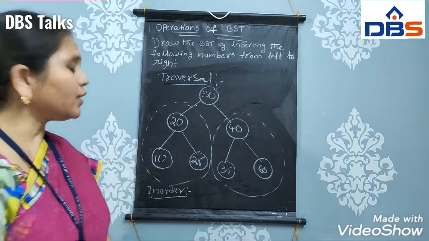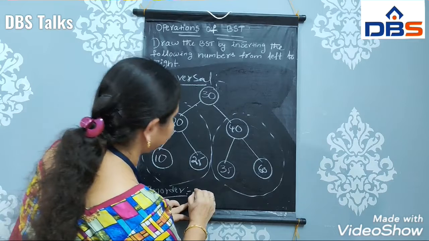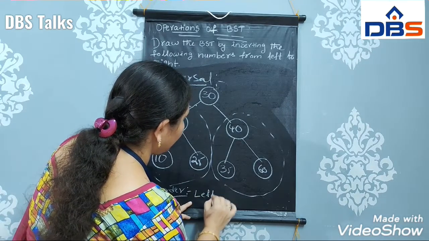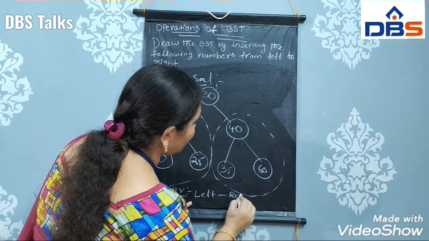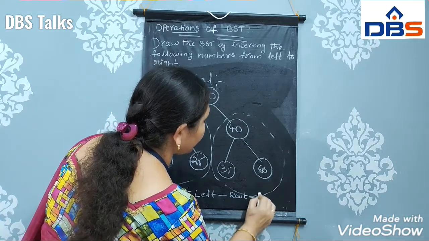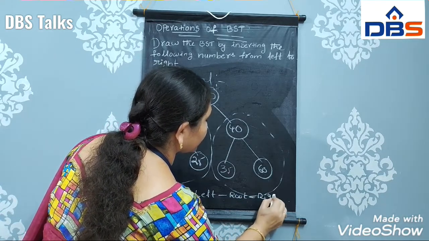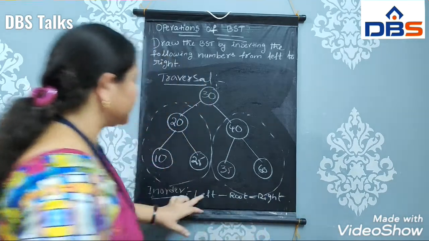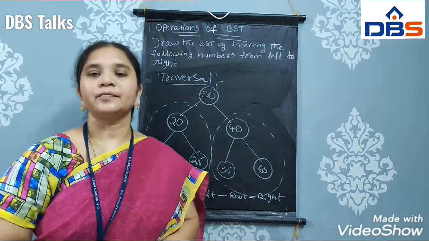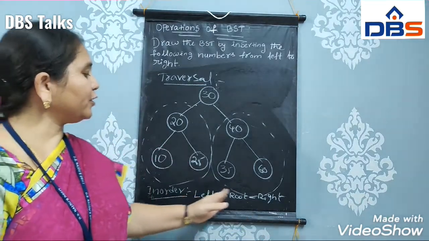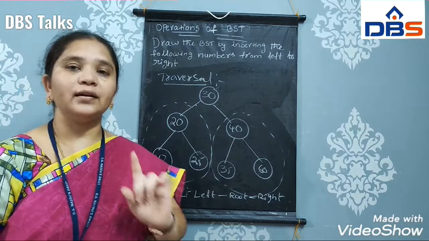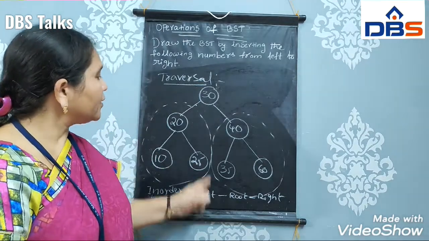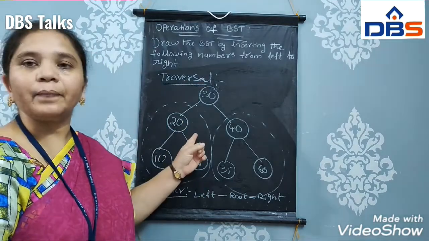First one: left, root, right. So what is the meaning of left, root, right? Left does not mean the left child. Left is nothing but the left subtree.